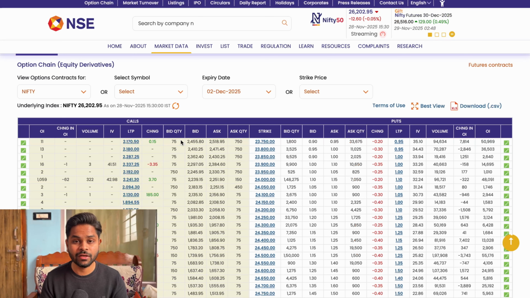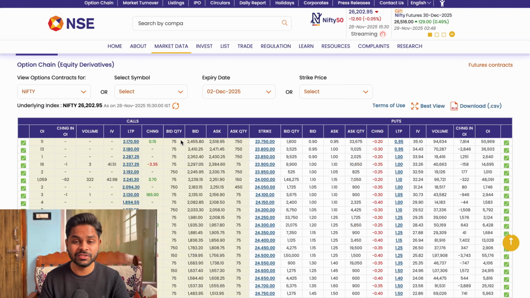In option chain, we have to look at this data from the option seller's point of view. Now, as an option seller, how will I interpret call data? An option seller will sell calls and an option seller will sell put options.